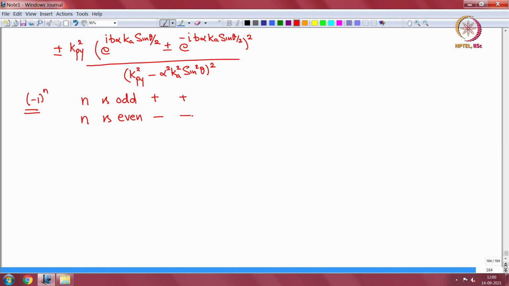Then, now how does this whole thing look like? It looks like this.